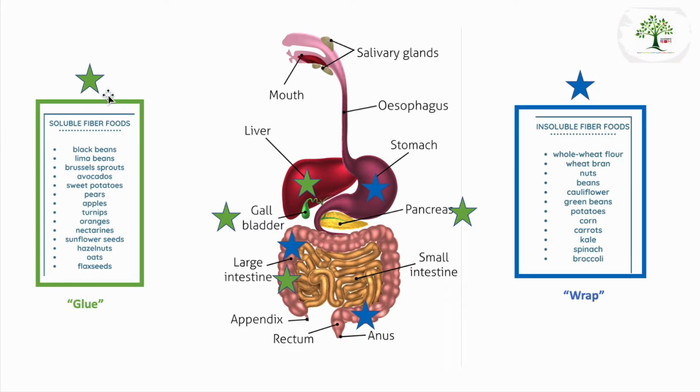So let's go ahead and start with things that are higher in soluble fiber. When you first digest, let's just take an apple. When you first digest an apple, it goes to the stomach, gets broken down by the acid, and then it heads over to this area right here. And here, one of the first things it's going to encounter is the liver.